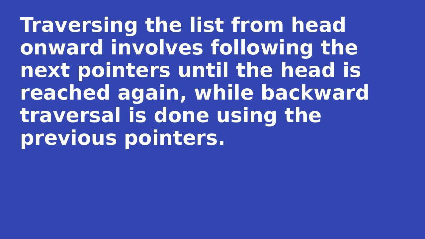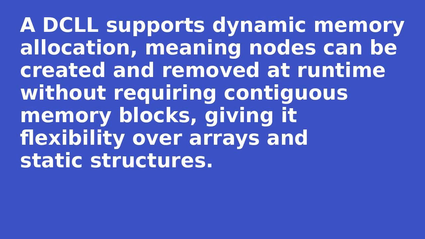Traversing the list from head onward involves following the next pointers until the head is reached again, while backward traversal is done using the previous pointers. A DCLL supports dynamic memory allocation, meaning nodes can be created and removed at runtime without requiring contiguous memory blocks, giving it flexibility over arrays and static structures.